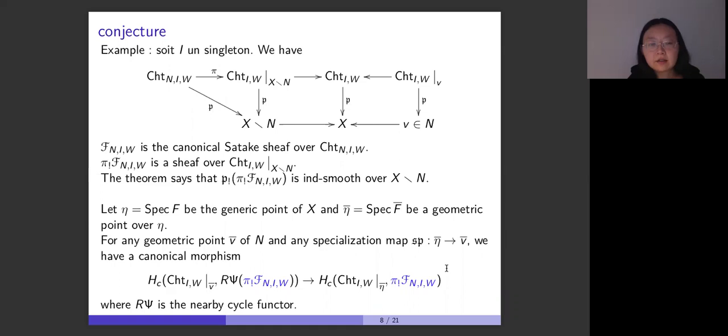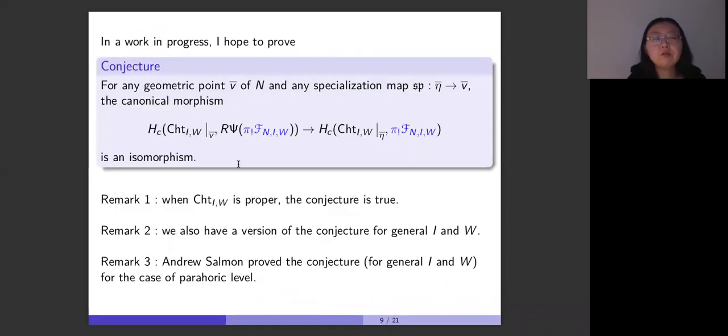And the conjecture is that we hope to prove that this map is always an isomorphism. We know that when the stack of shtukas is proper, this is a theorem of Grothendieck. What we want to prove is that in general, even when the stack of shtukas is not proper, we still have this isomorphism. Here I only state it for one pole.